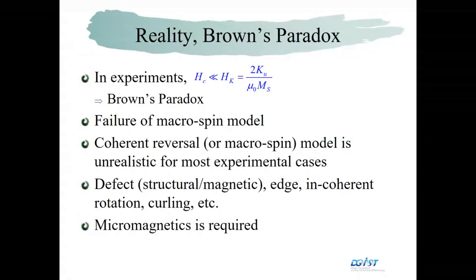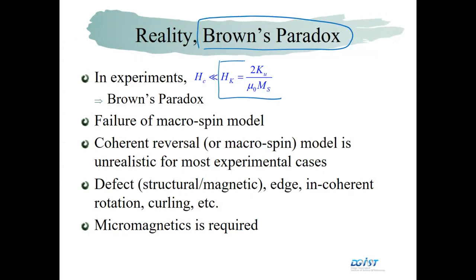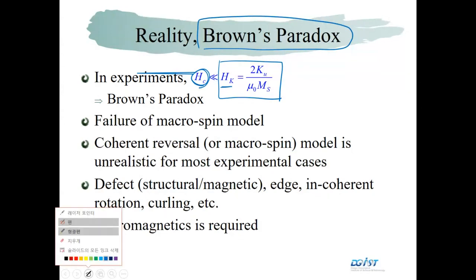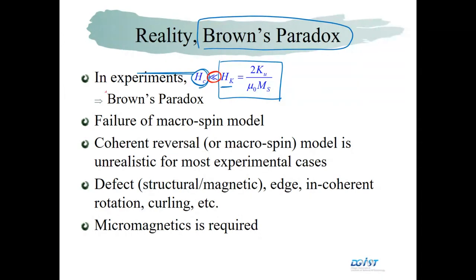Okay. And there is another important thing called Brown's paradox. We mentioned many times the anisotropy field HK, which is defined by this relation. But in a real experiment, the observed coercive field is much smaller than HK. That's what we call Brown's paradox.